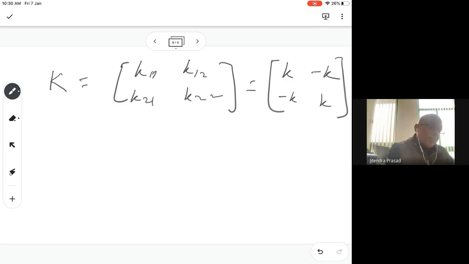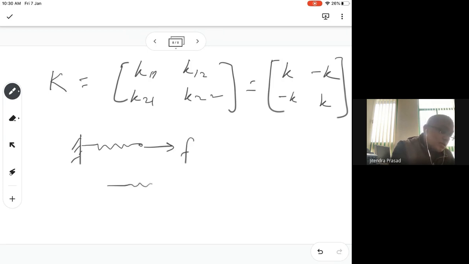Okay. See here, guys. If there is a spring here, and you are fixing it here, and here you apply a force F, what will be the reaction force here? If F is applied here, the reaction force has to be in the opposite direction.